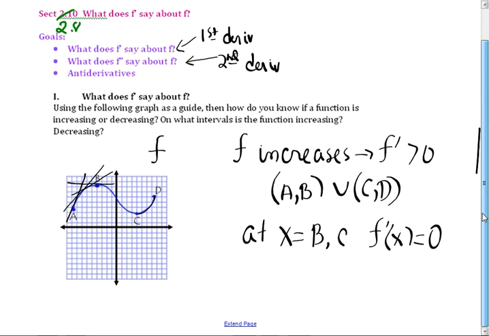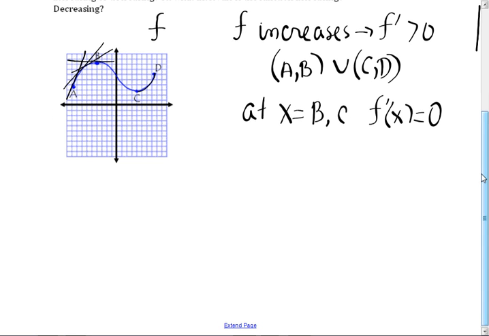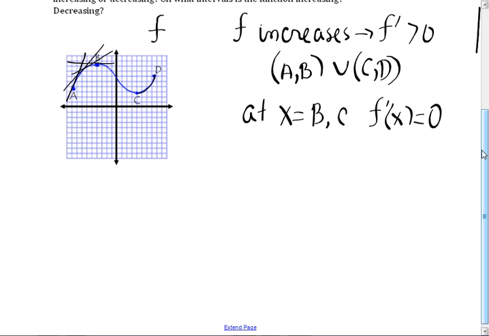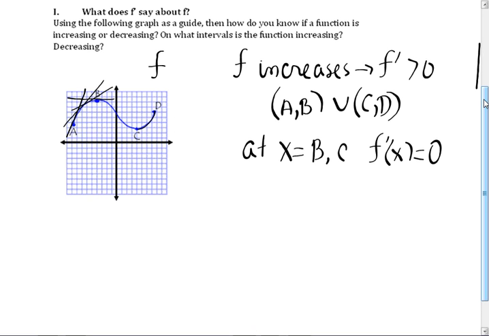So if you want to know where a function's increasing, you're looking where its derivative is positive. It's stopped there, not increasing. So I always leave everything open, and then I double check, because sometimes they might ask a question where you have to include that endpoint. But you have to read the question. That's all.